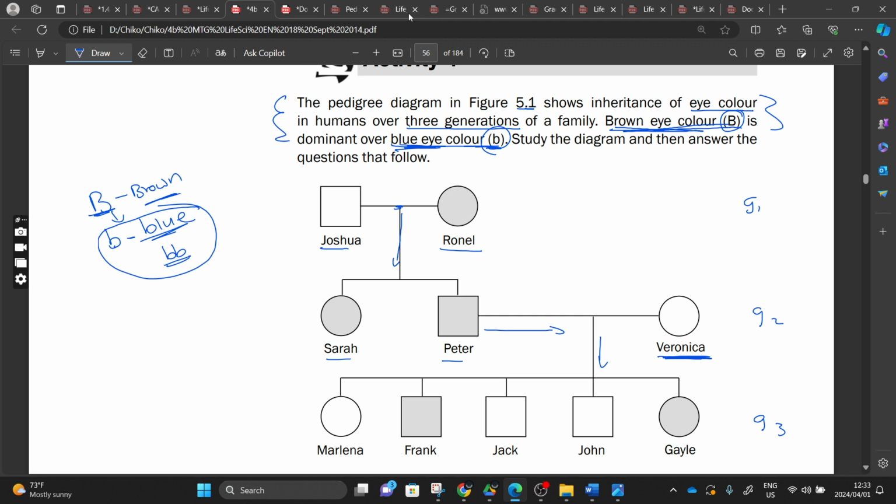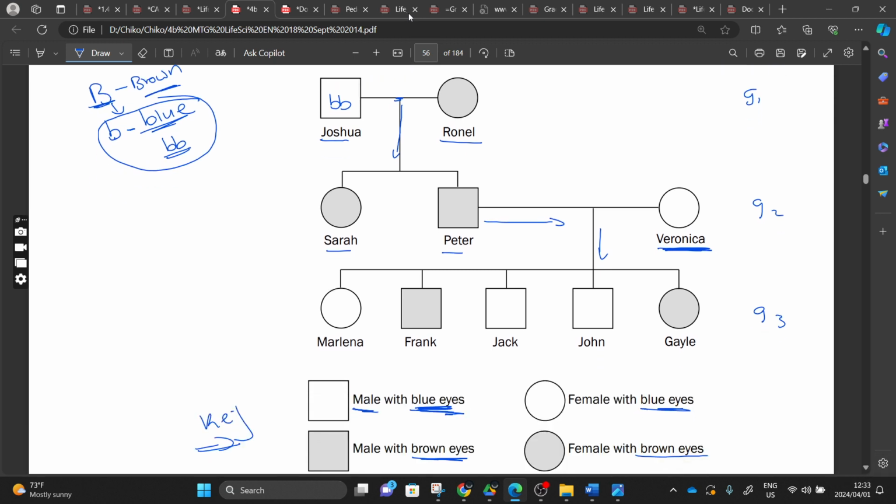Because it's a recessive, we can come and say small b. This is what I get. They said white is a male with blue eyes, and here we can say small b, because it's recessive. Why? Because for them to have blue eyes, they should have two of them. But if we find something like this, is this person going to have blue eyes?